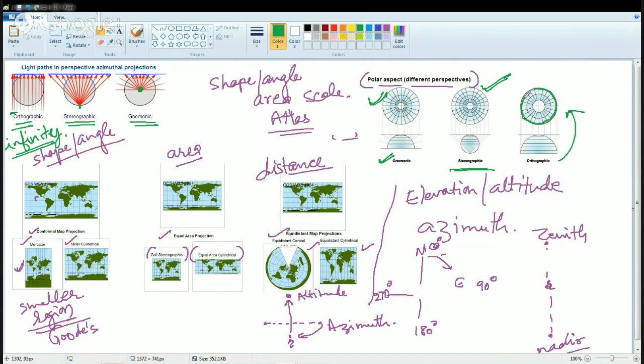And these two lines are so close as compared to Gnomonic, where the center lines are close by. So this is the major difference. Gnomonic has the light source in the center, stereographic at one end, and in orthographic, the light source is at infinity.